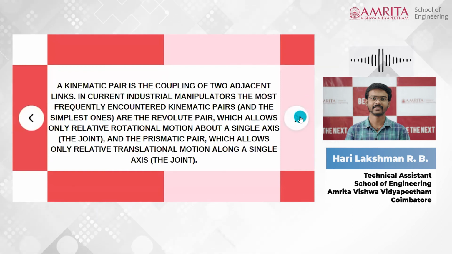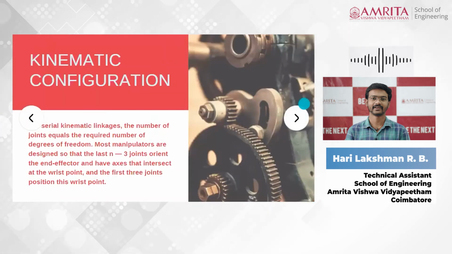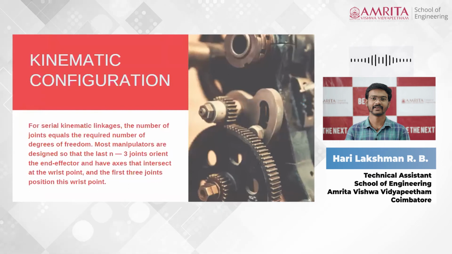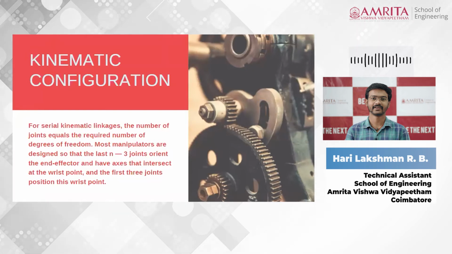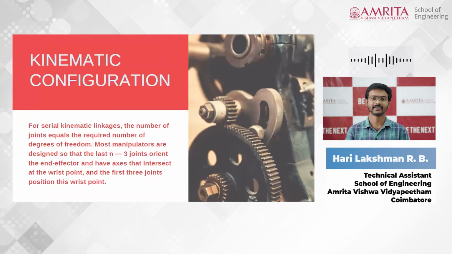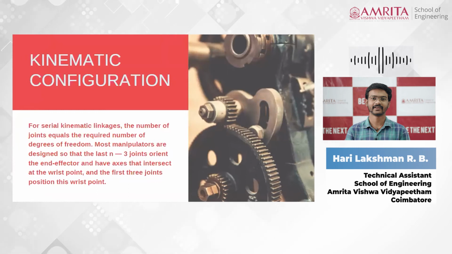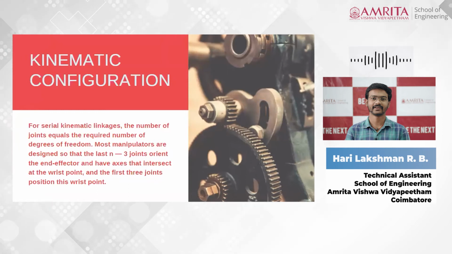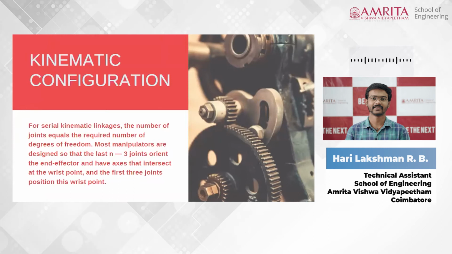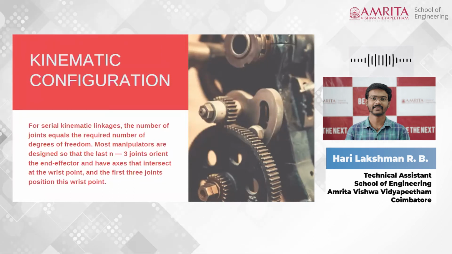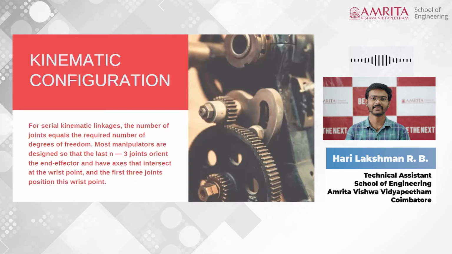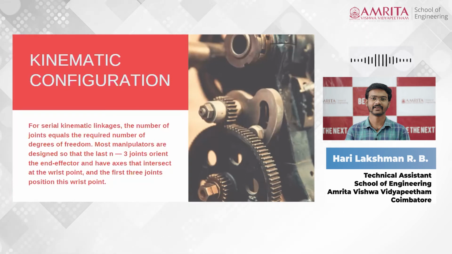Okay, now let's look at a few kinematic configurations which are used in many industrial manipulators. What is a kinematic configuration? I hope you remember that in the first few slides I explained what configuration is all about. Now we'll look into it in detail. Once the required number of degrees of freedom has been decided, a particular configuration of joints must be chosen to realize those freedoms.